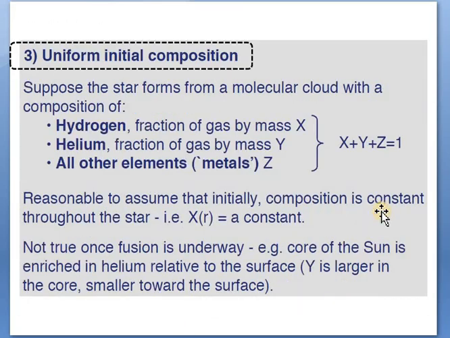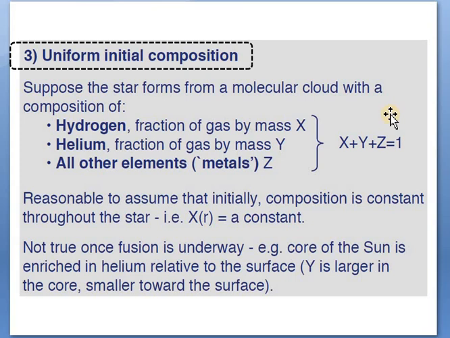Okay, so now let me talk about the initial composition. Suppose the star forms from a molecular cloud with a composition of hydrogen given by mass fraction X, helium given by mass fraction Y, and other elements, the metallic composition, given by Z. Of course, X plus Y plus Z equals 1 by definition.